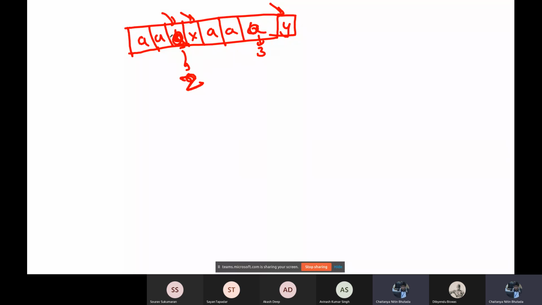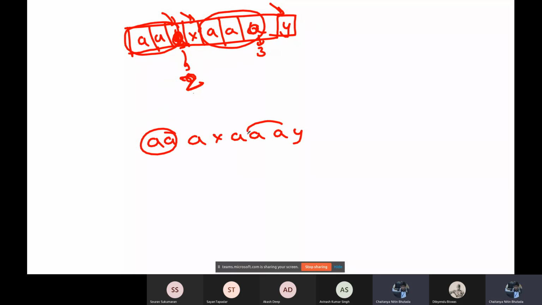So we can see that before, AAA and AAAY, AAA was matching. Now we can't extend it, so we take the inner pi value and use just this X and AAAY. We check if this is equal to this, which is not. So again we go to the inner A, X, which is not equal.